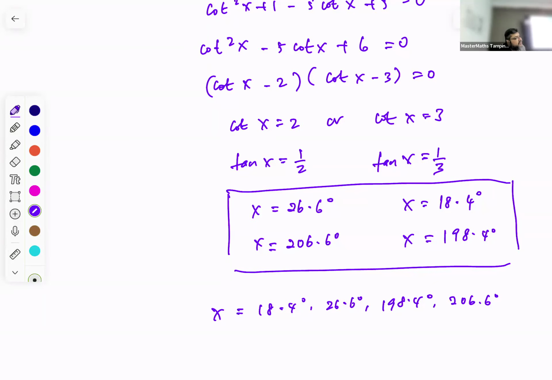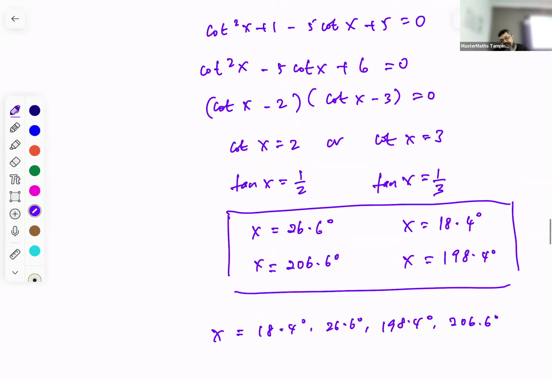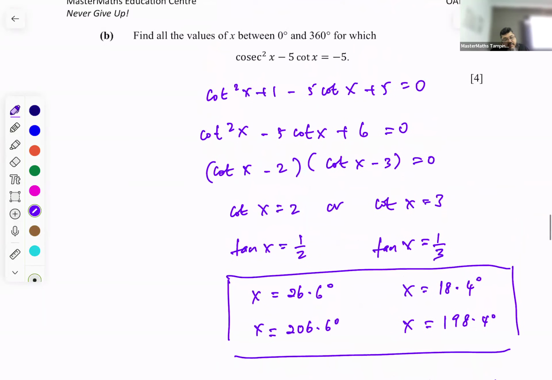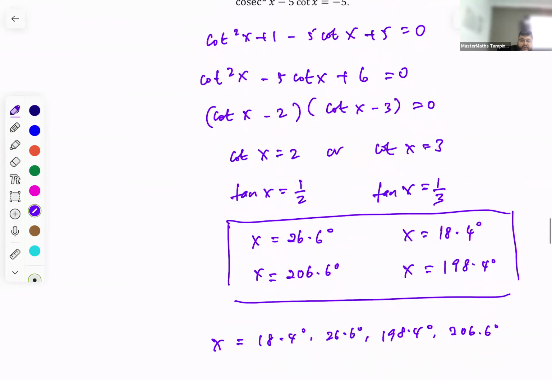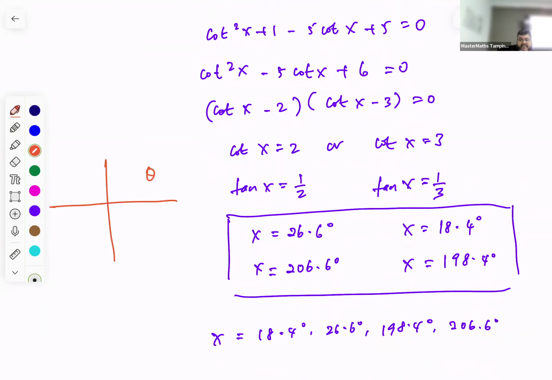It's positive in the first and the third quadrant. Remember, I keep on telling you this. This is very important. This is theta, this is 180 minus theta, this one 180 plus theta, this one 360 minus theta. So what you did today for tangent, ASTC, is this and this.